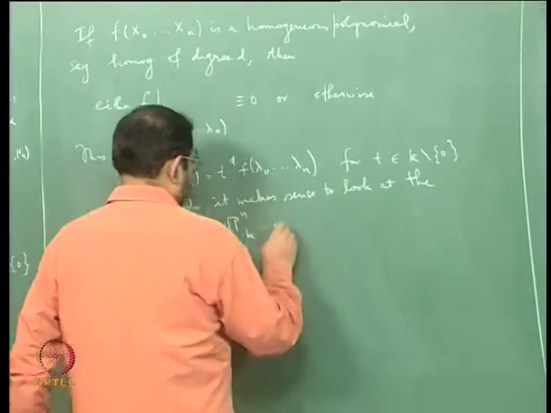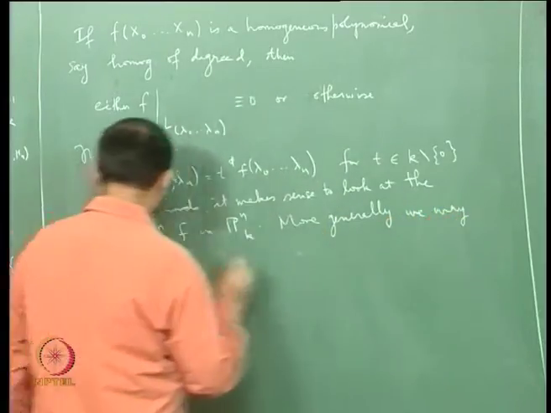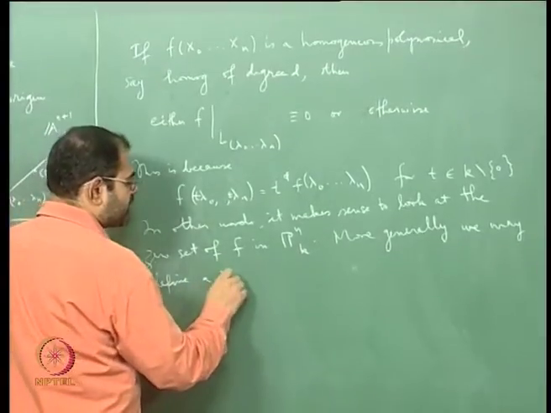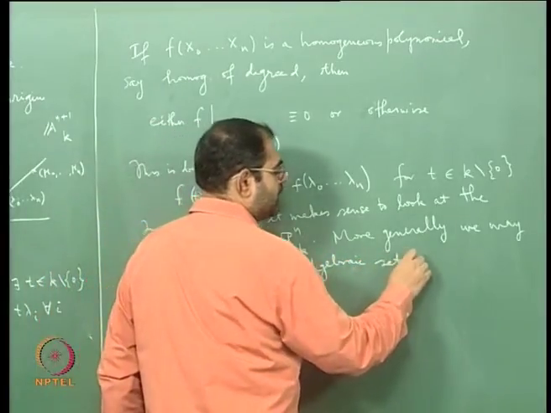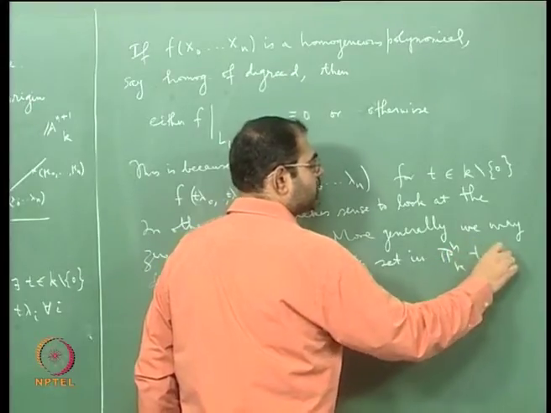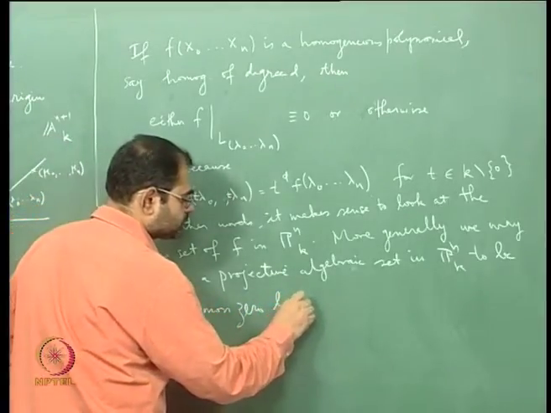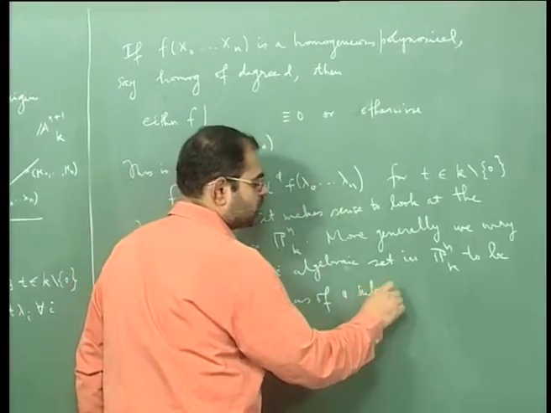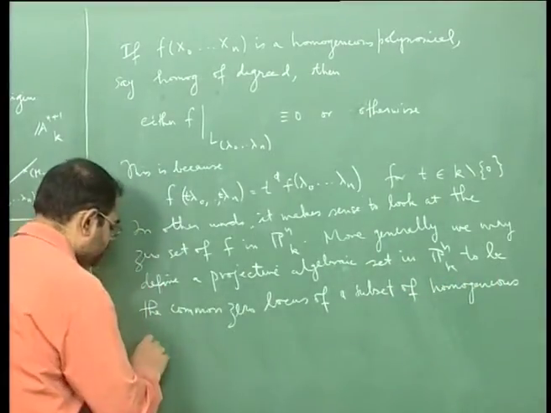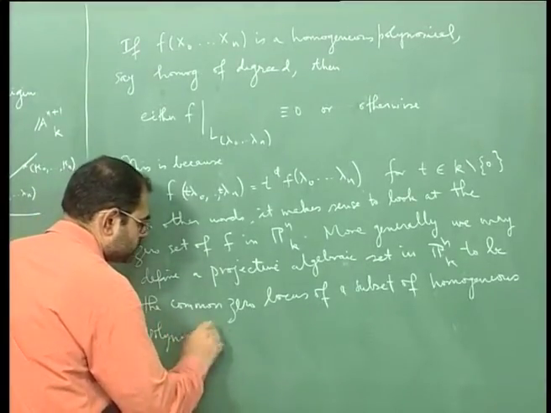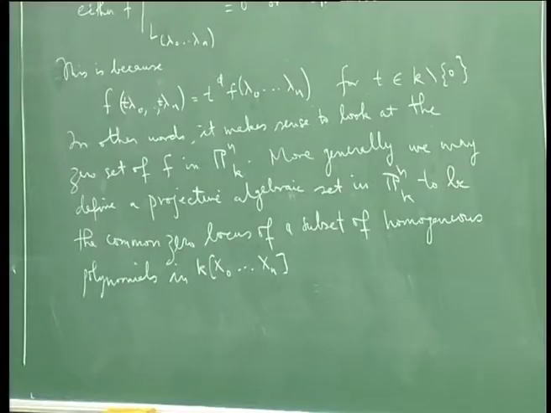So more generally, we may define a projective algebraic set in P^n to be the common zero locus of a subset of homogeneous polynomials in k[x0, ..., xn], okay.